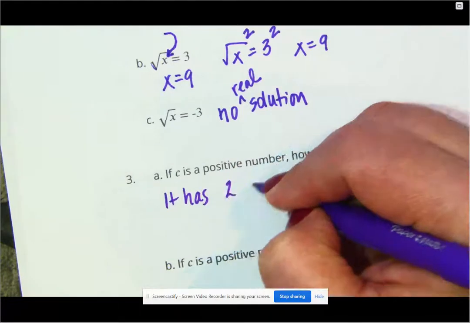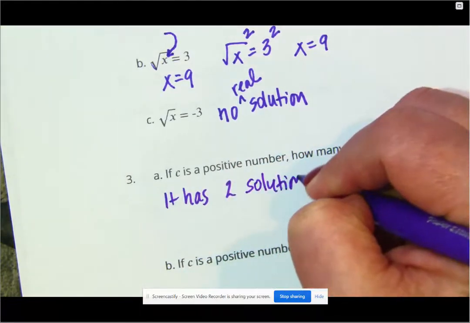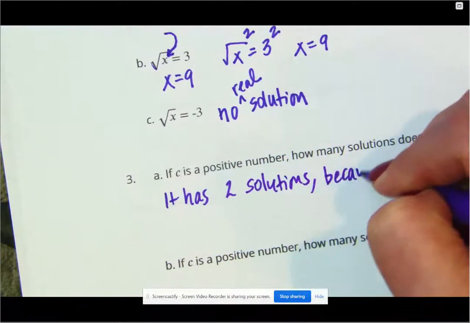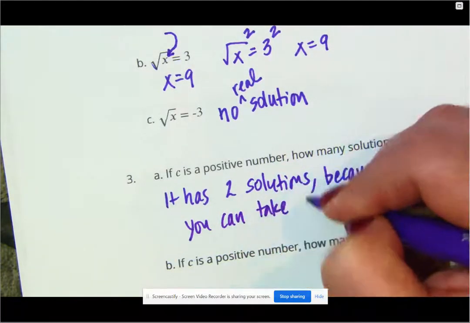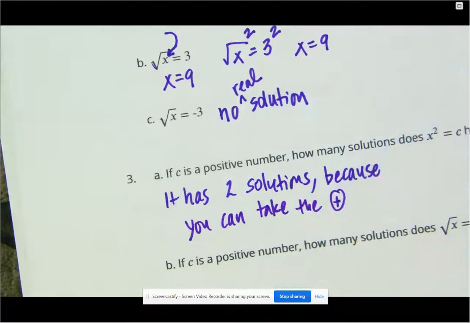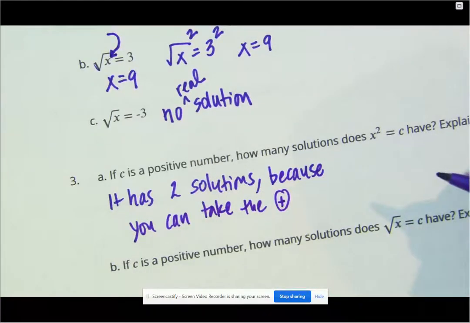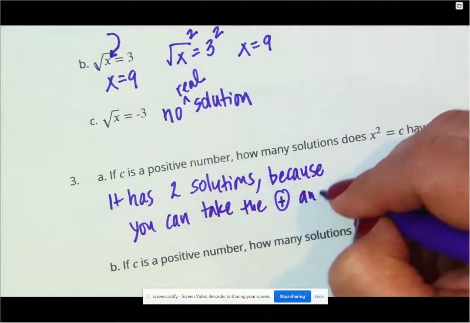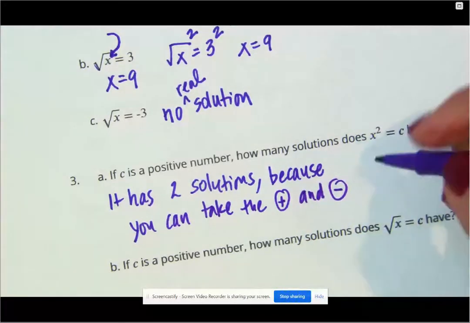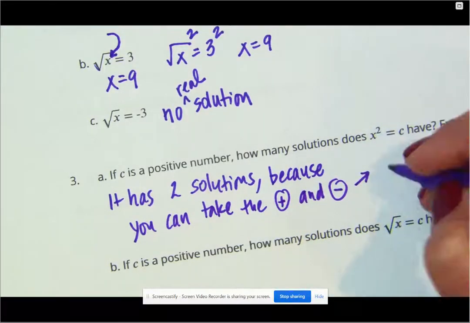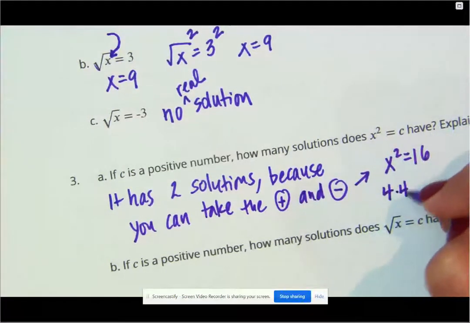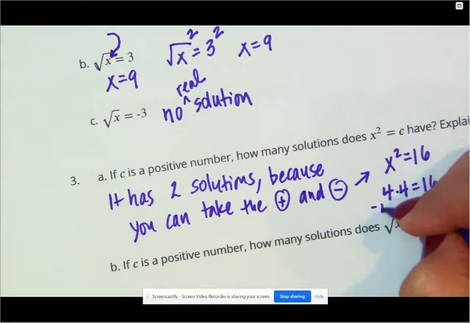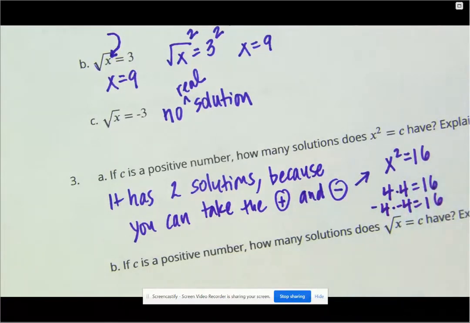For example, let's just do 16. X squared equals 16. 4 times 4 will give you 16, and negative 4 times negative 4 will give you 16. So the answers here are 4 and negative 4.